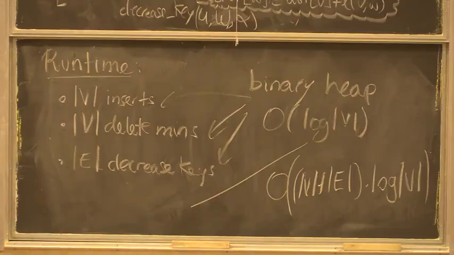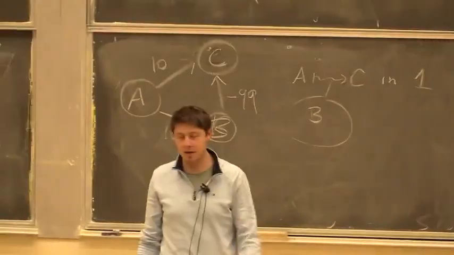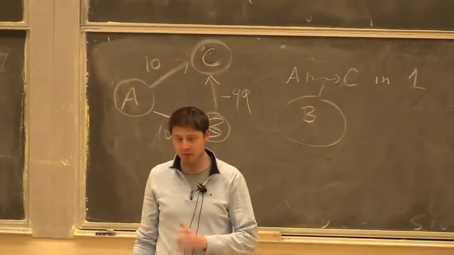Yeah? Can't you just add the absolute value of the most negative weight to all the edges, so that they all become non-negative? The question is, why not just shift everything up? Okay? So I'll leave it as an exercise. There's a counterexample to that.